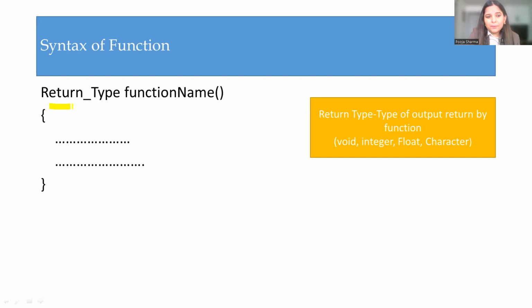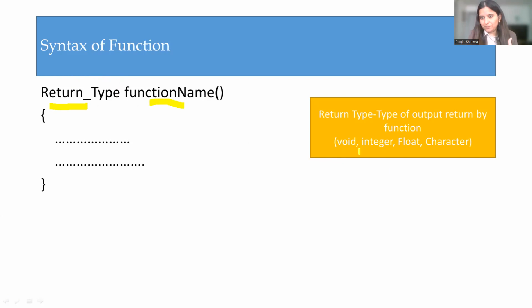the return type, and then the function name. What is a return type? Whenever you write a function, it has to have a return type. Either it returns something or it does not return something. In C programming, you write void if you don't want to return anything, so instead of the return type you write void.